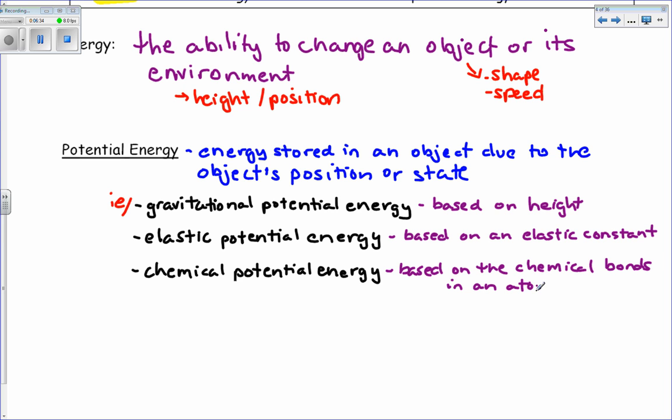It takes a certain amount of energy to hold the parts of an atom together, and for some substances, when you do something like combusting coal, that releases that energy and turns it into another form.